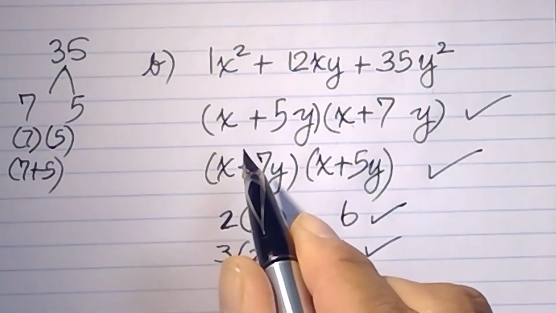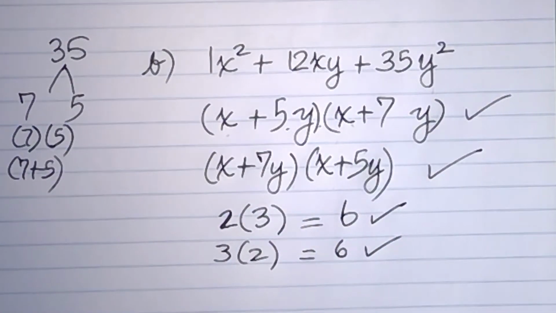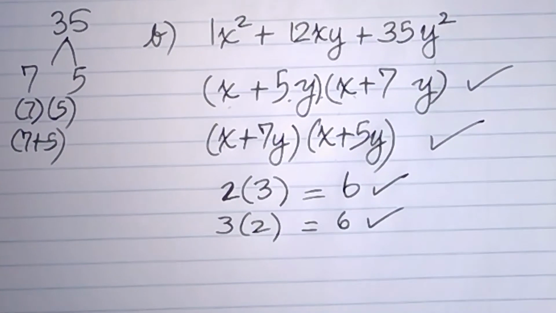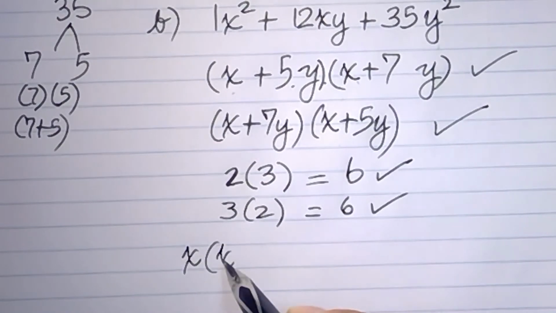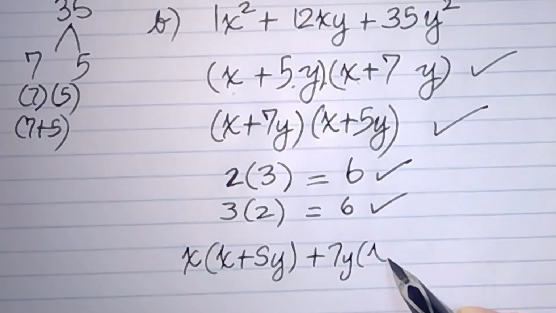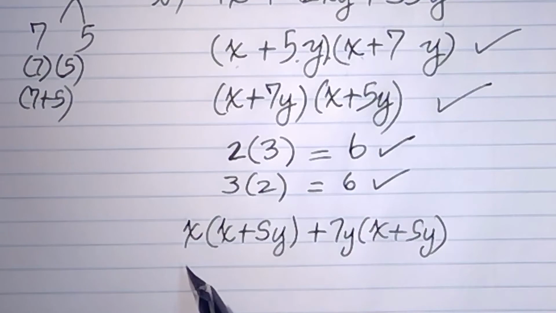What matters is that they have x plus 5y, x plus 7y. And if you're not sure, you can always multiply it out and check it. Watch. x times x plus 5y plus 7y times x plus 5y.